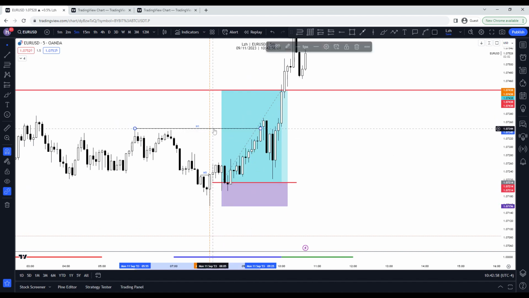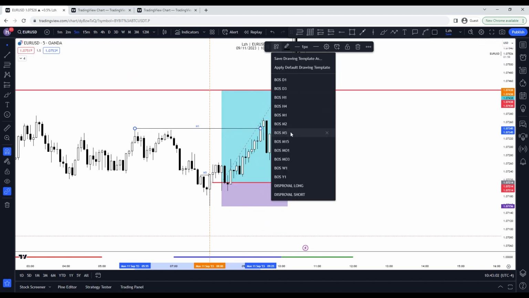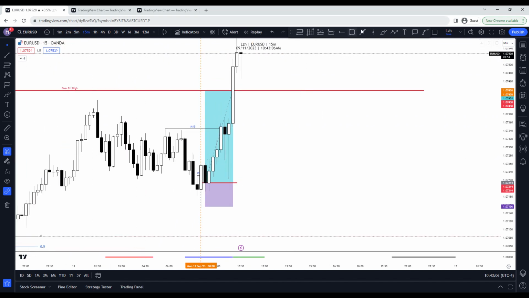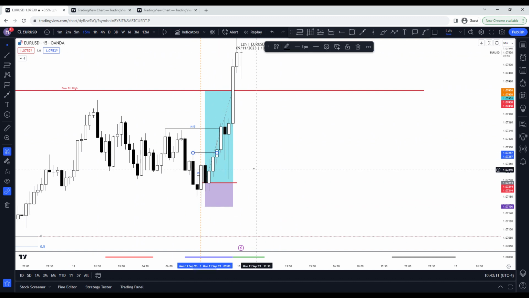So at this point of time, it gives us an M15 break to the upside. In actual fact we had multiple breaks, so it forms a higher high. So at this point of time, we just need to confirm whether we have a higher low formed after the bigger fracture.